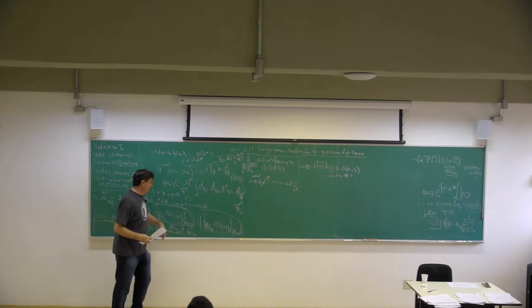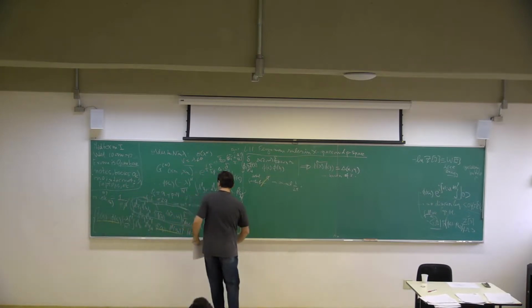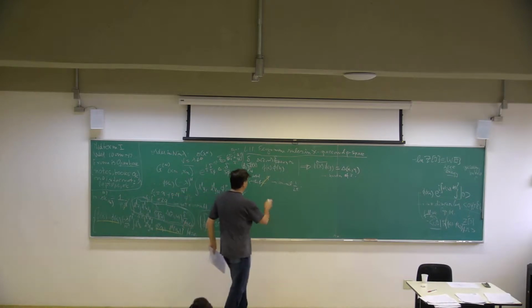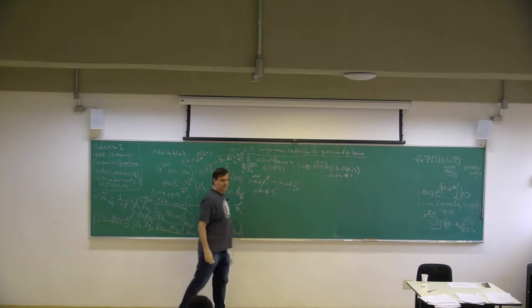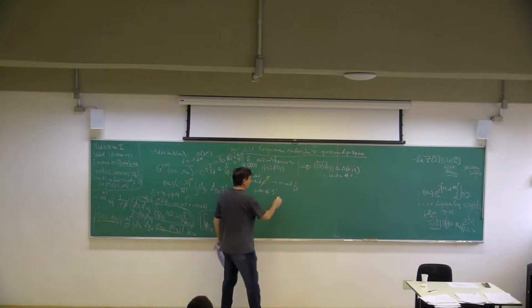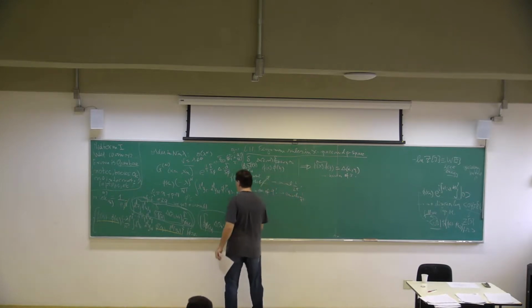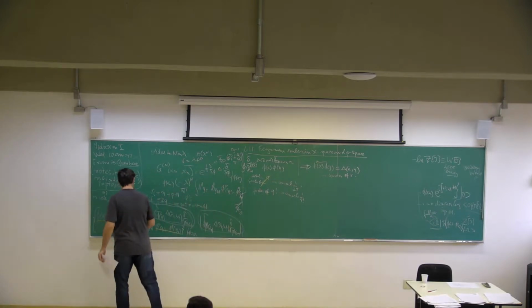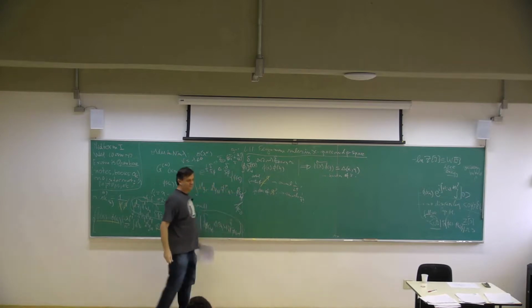This whole thing will act on two phi's, but this or this or this gives the same result. So I also get a factor of q factorial that comes from choosing one of these, and this cancels 1 over q factorial.